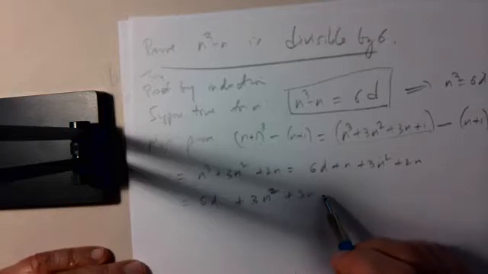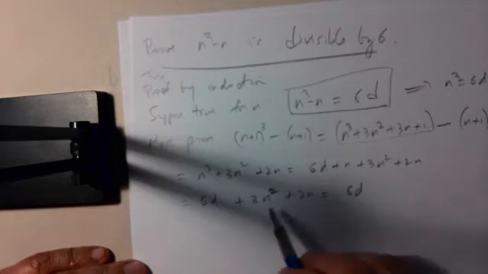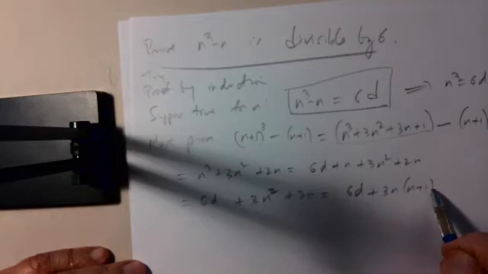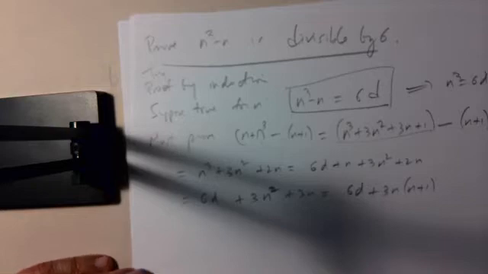We could factor out a 3n, you get 3n times n plus 1. So if we just look at the n and n plus 1, that's basically an even number because it's two consecutive numbers.